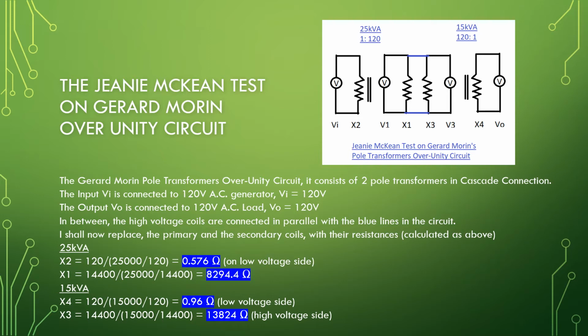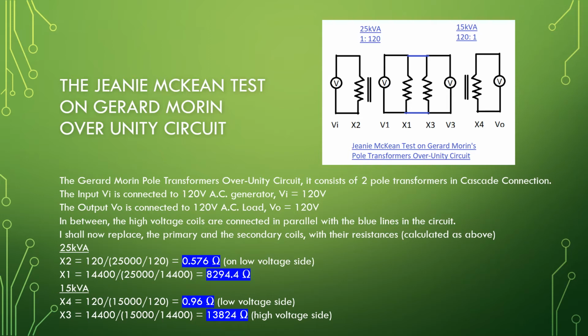The output Vout is connected to 120 volt AC load. Vout equal to 120 volt. In between, the high voltage coils are connected in parallel with the blue lines in the circuit. I shall now replace the primary and the secondary coils with their resistances, calculated as above.